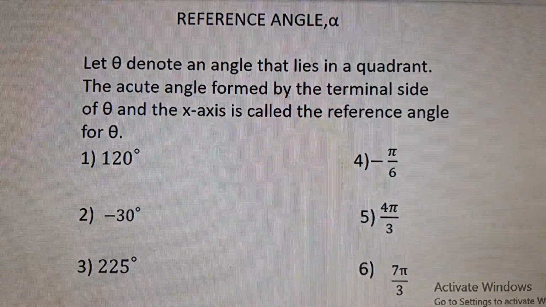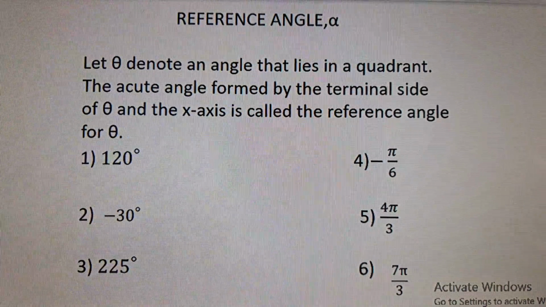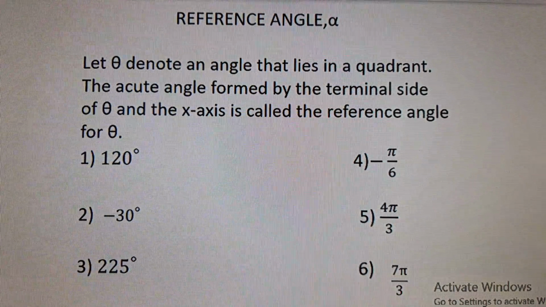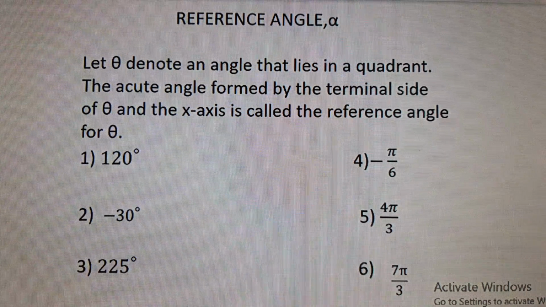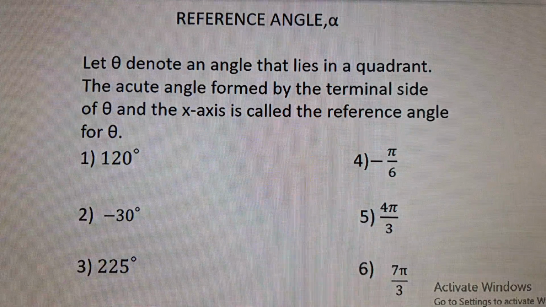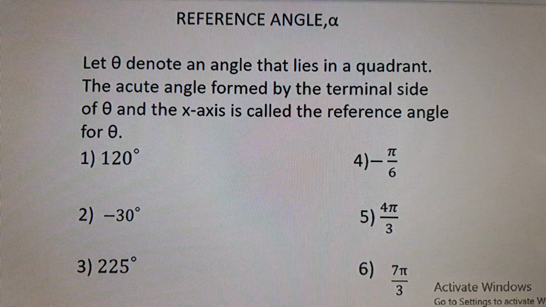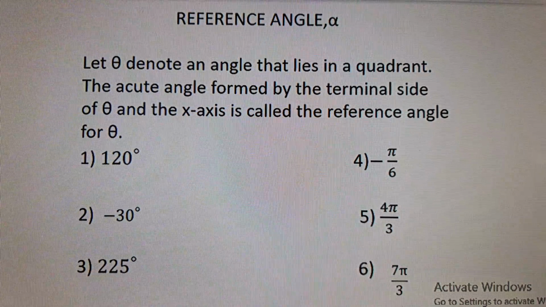Notice that we can get the reference angles for, in our examples, 120 degrees, minus 30 degrees, 225 degrees. In terms of radians, we have minus pi over 6, 4 pi over 3, and 7 pi over 3.